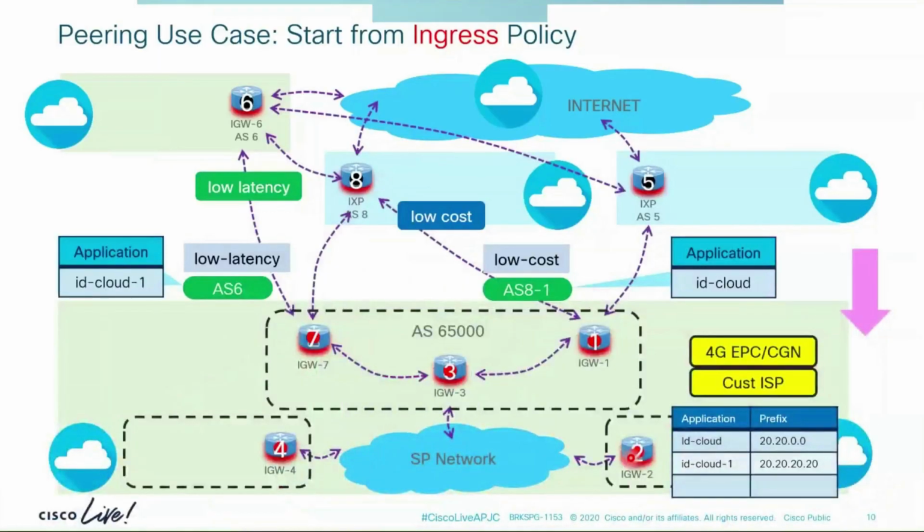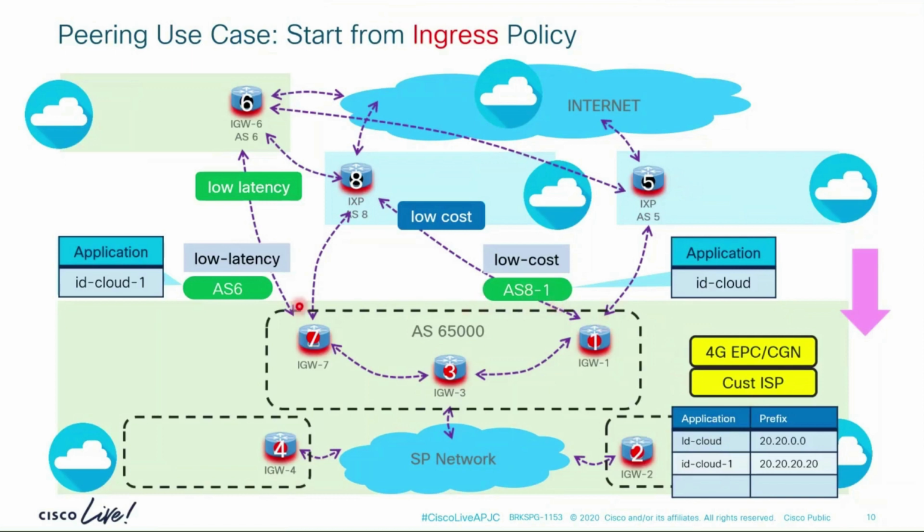I'd like to look at the ingress policy, incoming traffic, for the download traffic of the user. Assuming here we have the mobile packet core or the ISP subscriber, we have the customer prefixes here, ID Cloud and ID Cloud 1, and we would like to have a policy so that Internet traffic coming to the ID Cloud will select the low-cost peer link, the AS8-1.